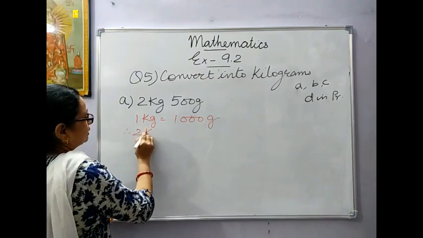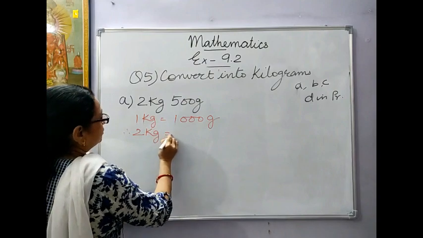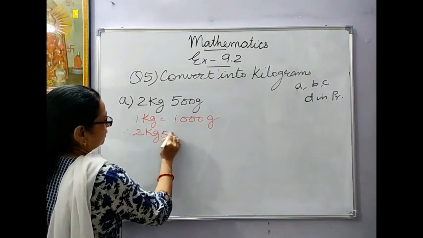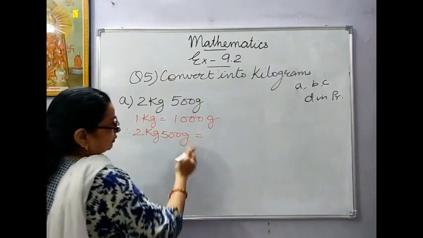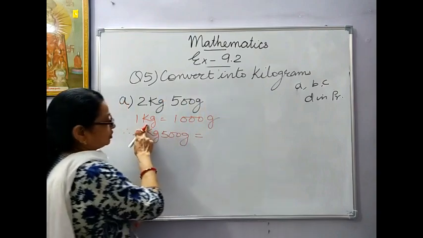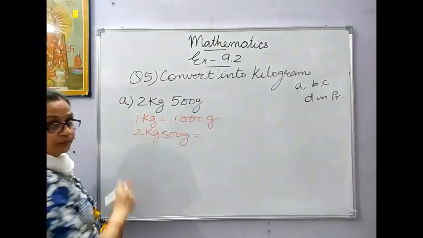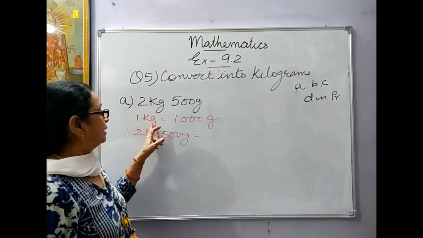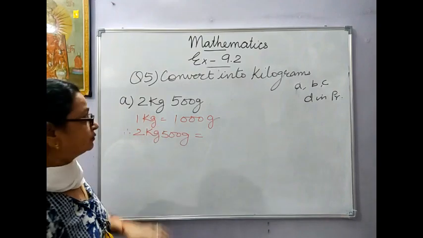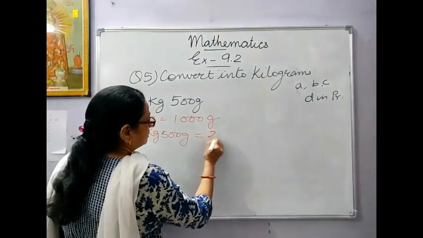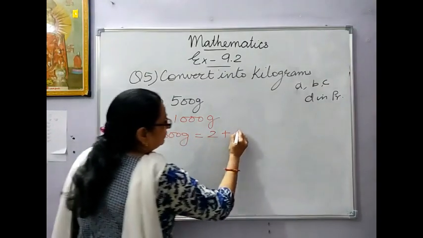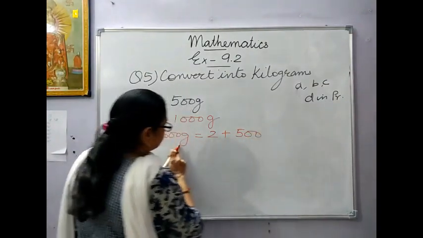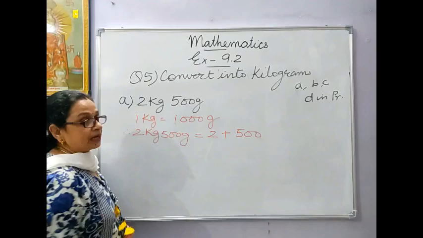Therefore 2 kg 500 gram will be equal to, we have to convert into kilogram. This is the short form of kilogram, kg. Now this 2 is already in kilogram, so we will write down as such, plus 500. Since it is gram, we have to convert into kilogram.